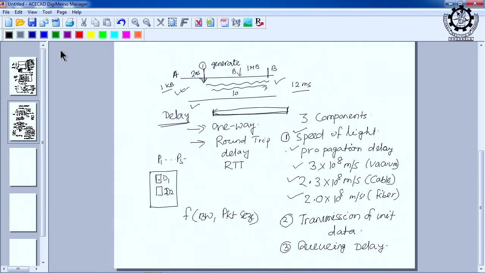Now, let us say all this data D1 and D2 are being transmitted and in the meantime the process P5 generates a data D5. When it generates D5, the D5 has to wait for some time to get the channel to which it can release the data. That means the data that is being generated by P5 will be in queue, so that it gets the channel and releases the data to the channel.